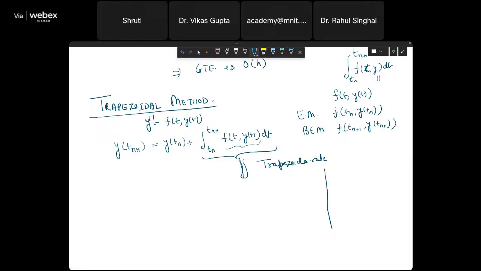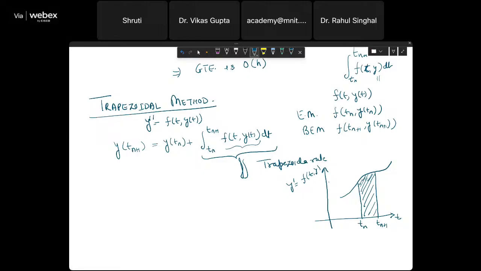If we see it graphically, if this is the t axis and this is f, or y dash, f of t, y(t), then for this interval Tn to Tn plus 1, we are actually looking for this complete area.